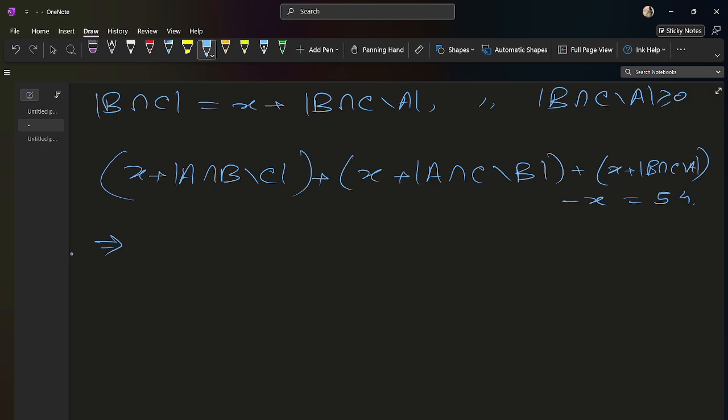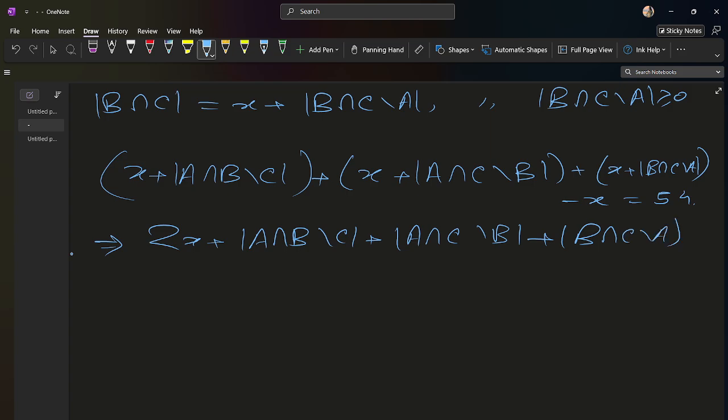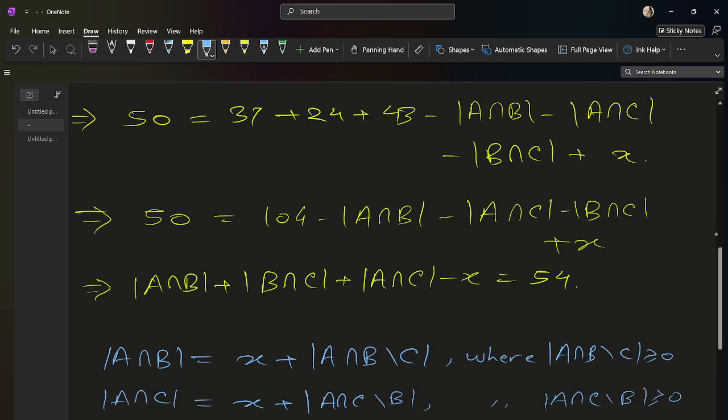Then there is 3x minus x, so that will be 2x plus these things: A intersection B minus C, plus A intersection C minus B, plus the number of elements in this, and that equals 54.